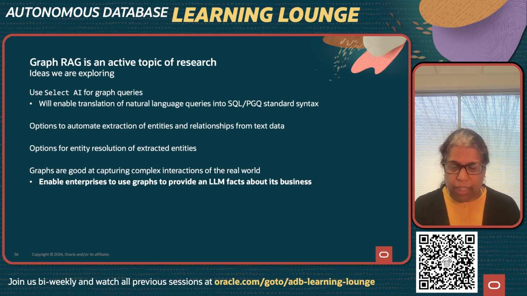You will notice that I was actually running graph queries. I wasn't using Select AI or natural language queries because the SQL PGQ syntax is very new. The LLMs are not trained enough on that to actually generate the graph queries, but that's something we are working on as well.